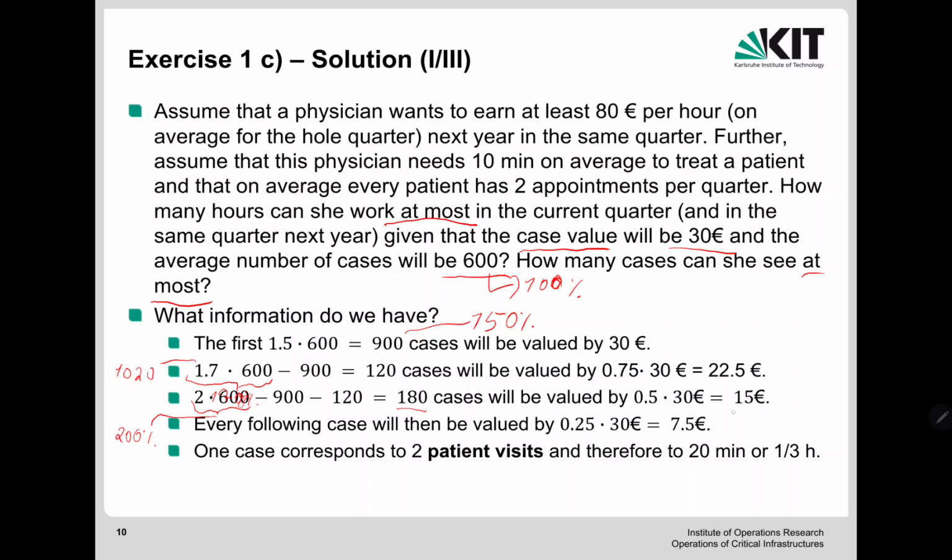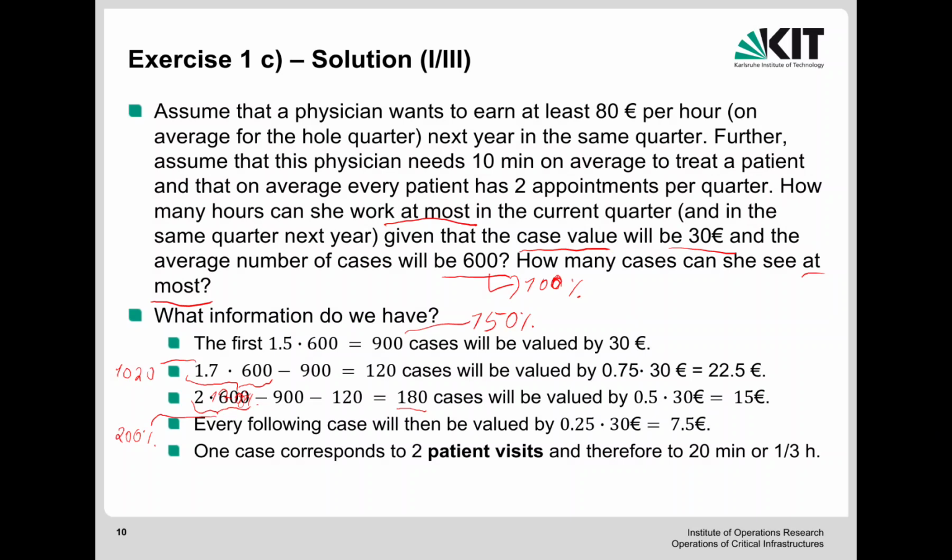So she will get only 15 euros for 180 cases. And every following case, so every patient she sees in addition, will only be evaluated by 7.50 euros. So this is a pretty harsh decrease, from 30 euros per case down to 7.50 euros. She will get only 25% of the case value for each patient.